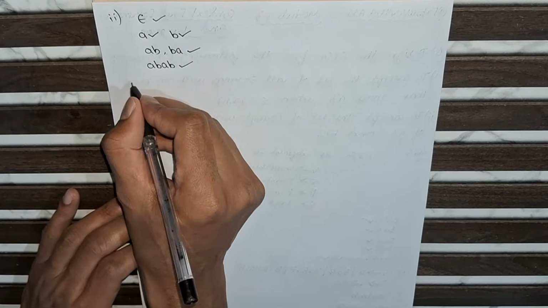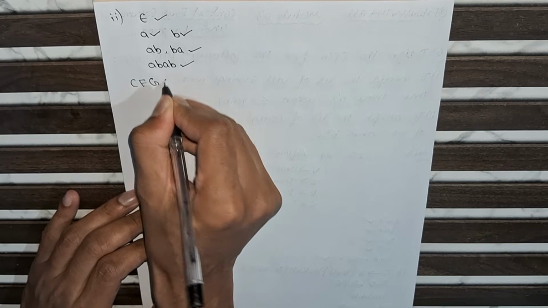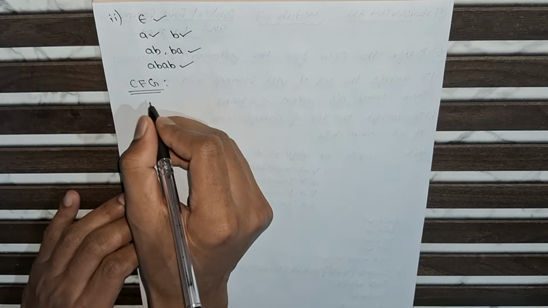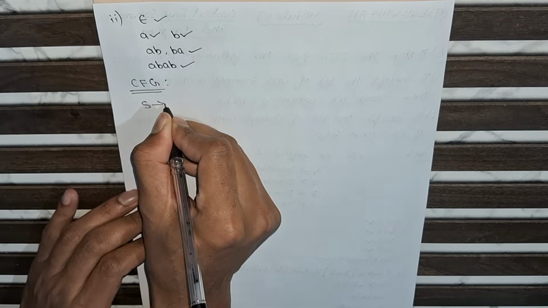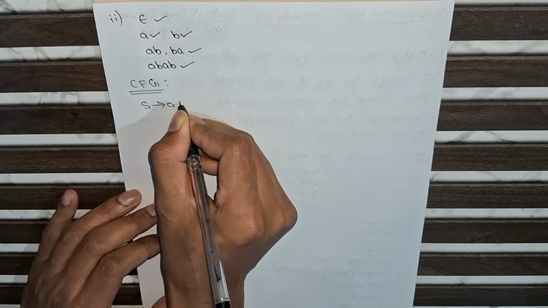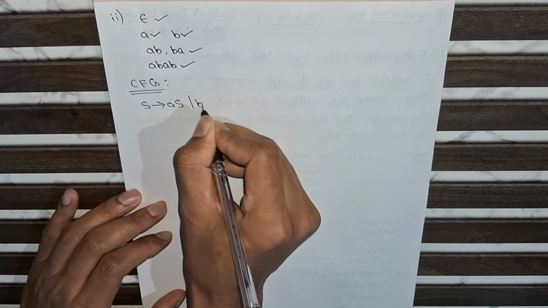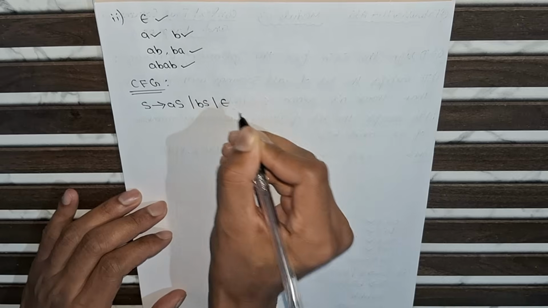So how will we write the CFG, context free grammar, for this language? We will start with the S symbol: S goes to A S, B S, and epsilon.